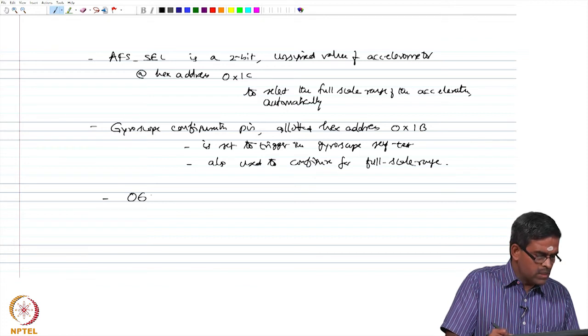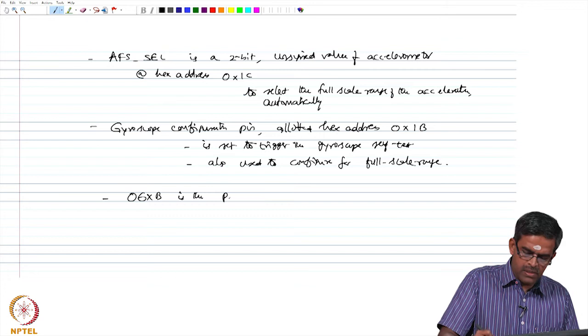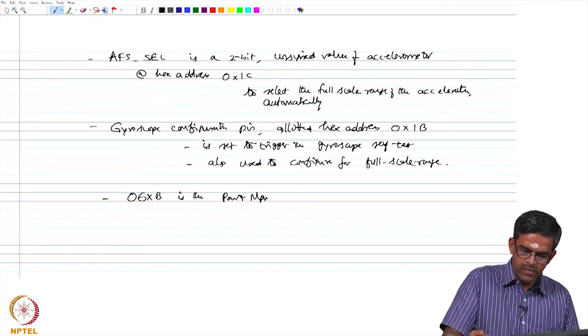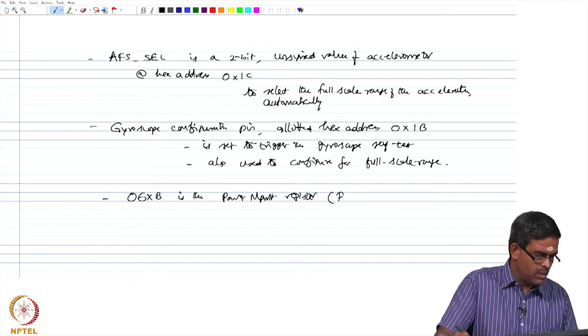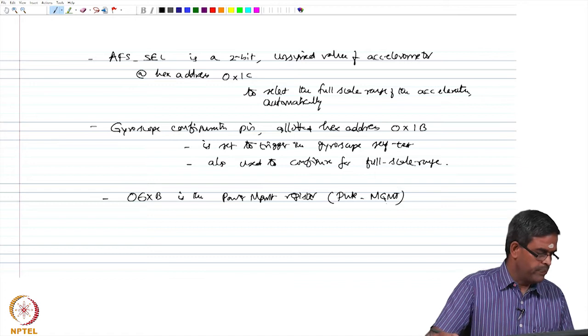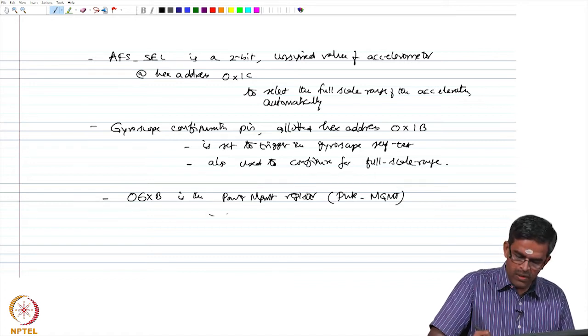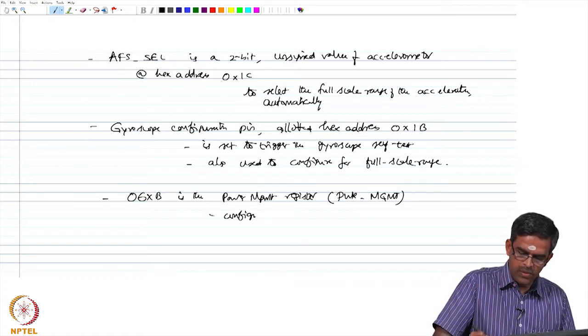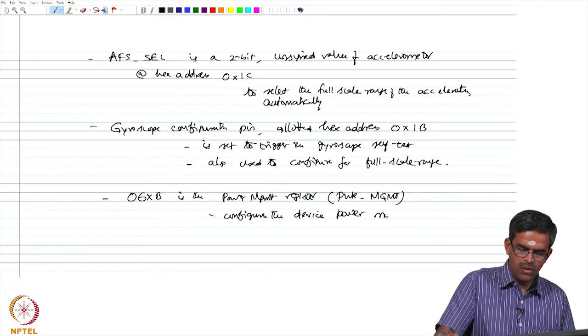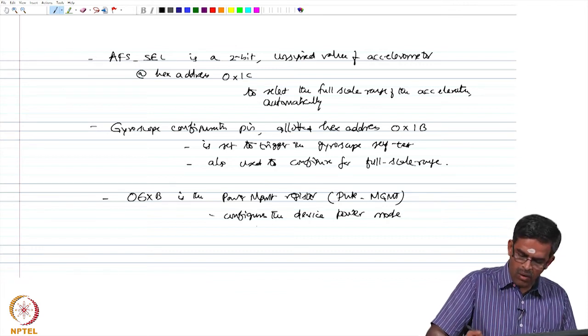The 0x6B is the power management register, which is actually PWR_MGMT, which configures the device power mode and the clock source.